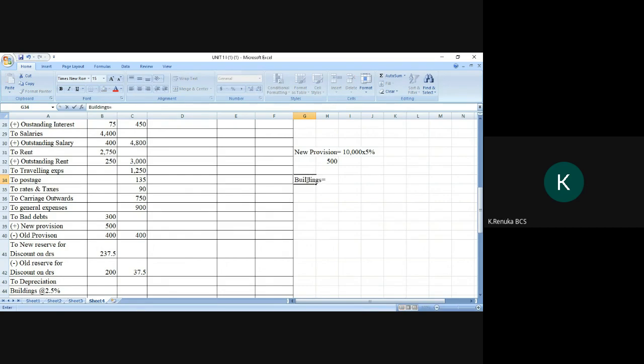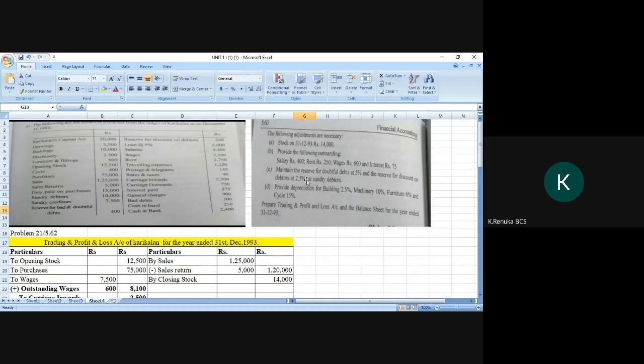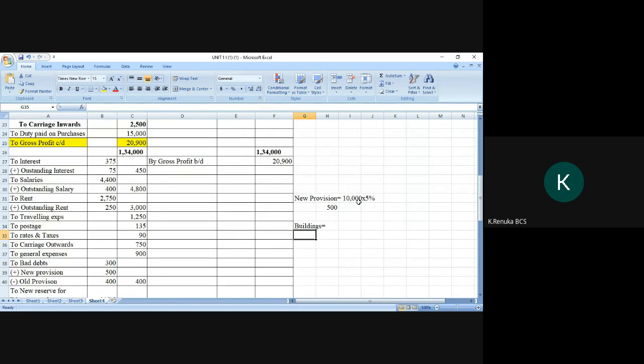Buildings value was 10,000. 10,000 into 2.5 percentage. So your value will be 250.